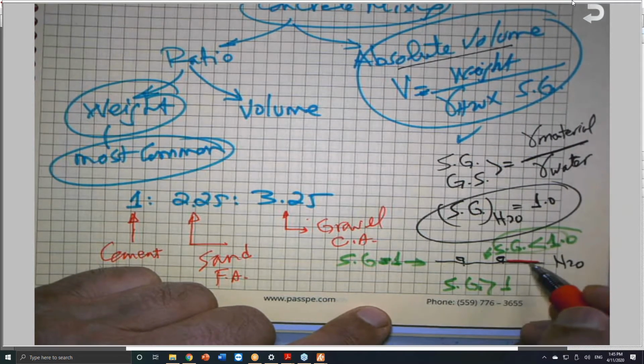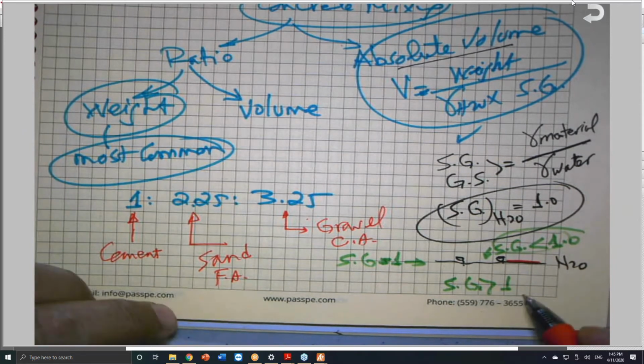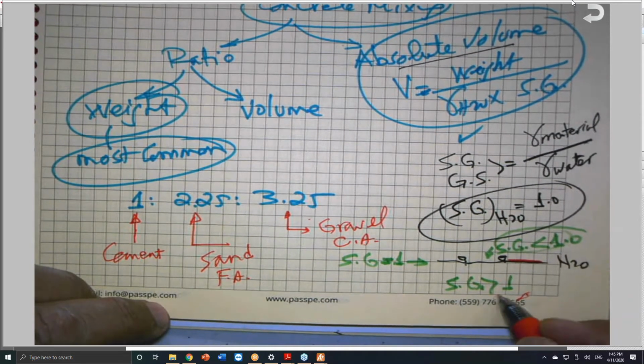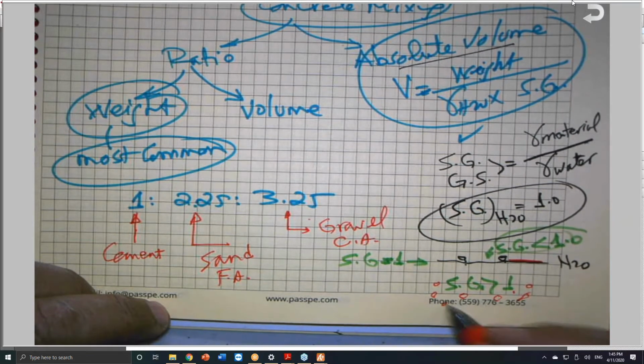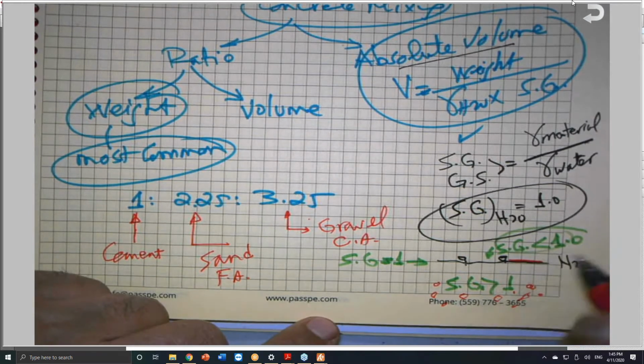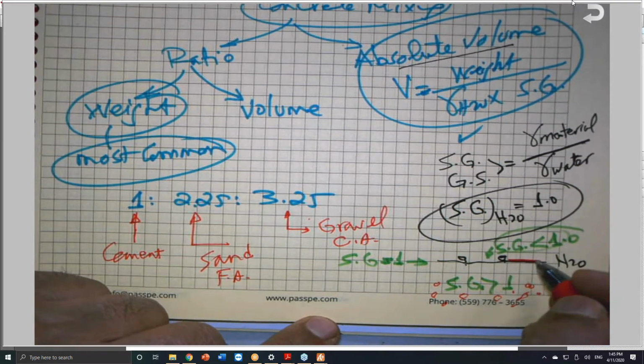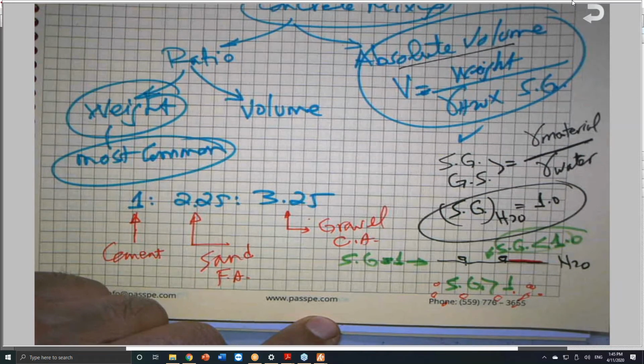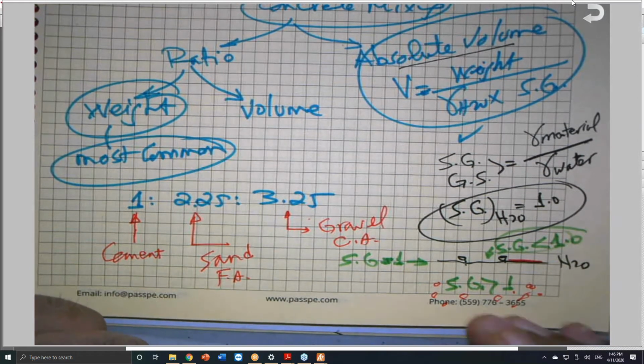This is why the ice floats on top of the lake: we have fish and living organisms in the water, and if the ice sank, it would kill all this habitat. The ice floats because it has a density, a specific gravity, less than 1, and a density less than water, obviously.